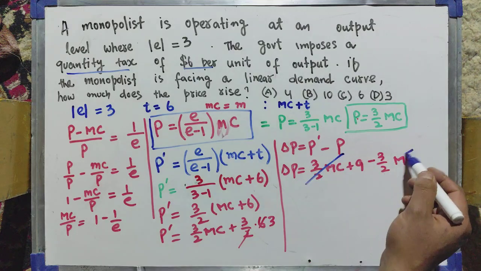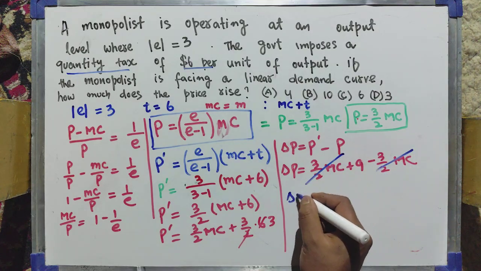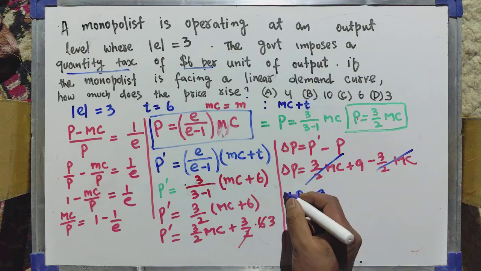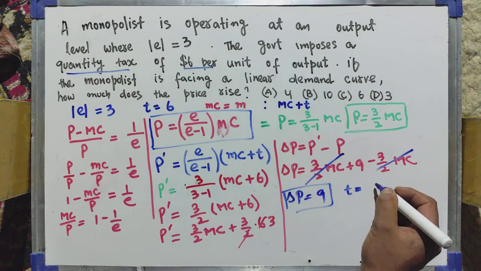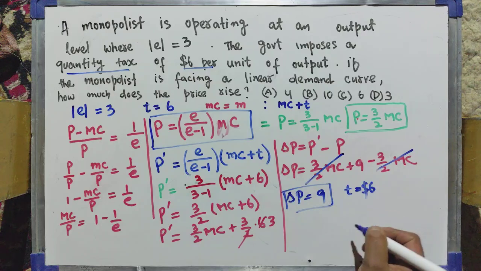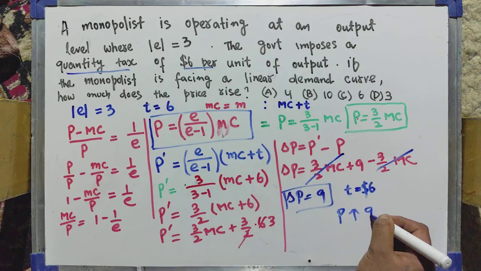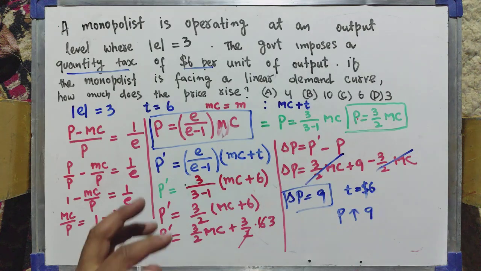So plus and minus get cancelled, and the change in the price will be equal to 9. That means with the imposition of per unit tax of $6, price will increase by $9.